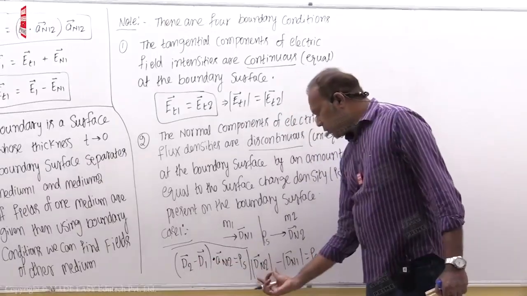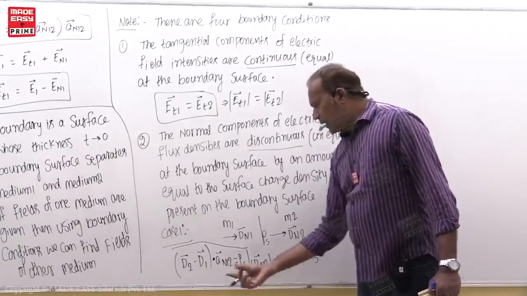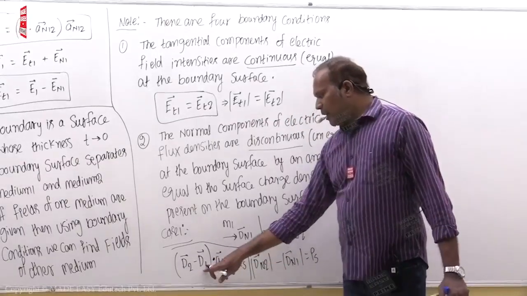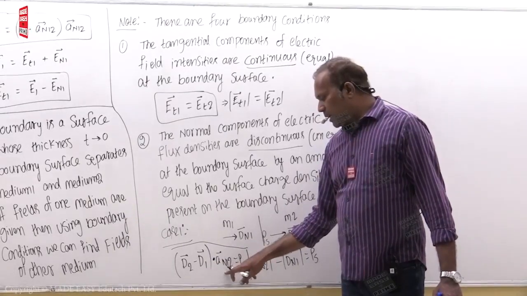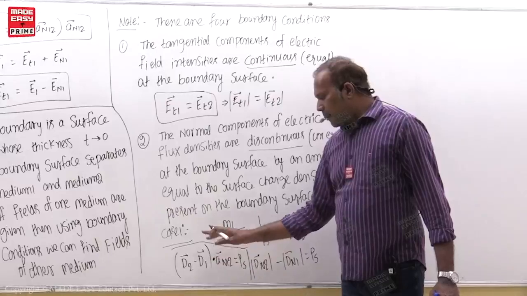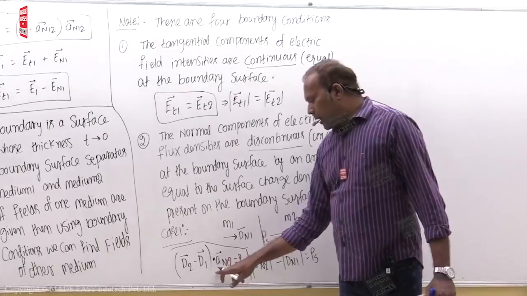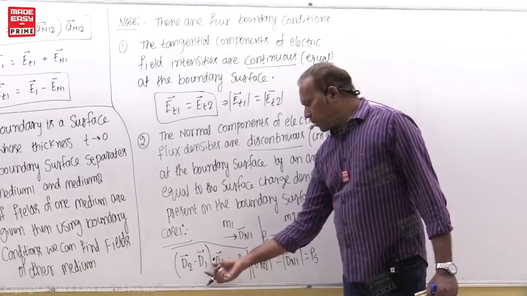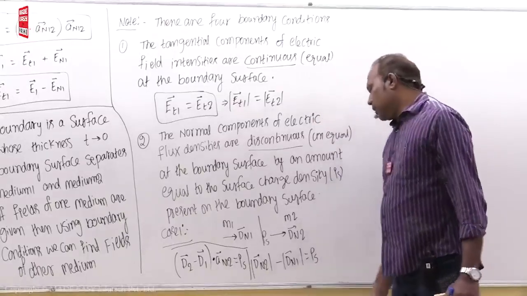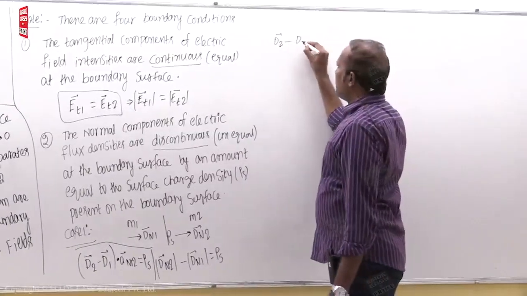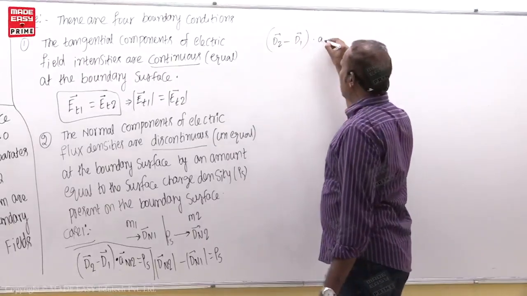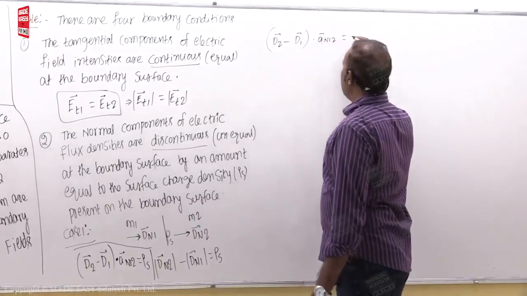Scalar means magnitude. So you get magnitude of the normal component. Similarly, D1 bar has a tangential and normal component. If you take dot product with normal, then tangential component becomes 0 and the normal component magnitude you get, because dot product gives magnitude. So D2 bar minus D1 bar dot AN12 is equal to rho s.